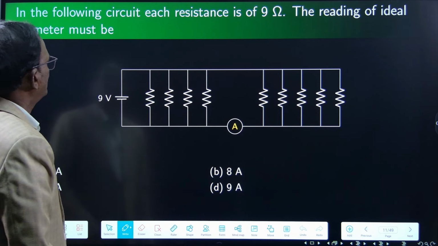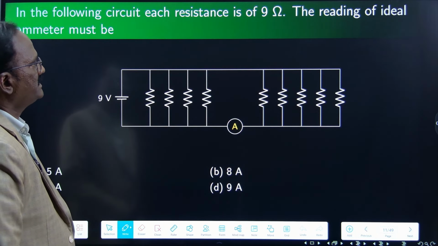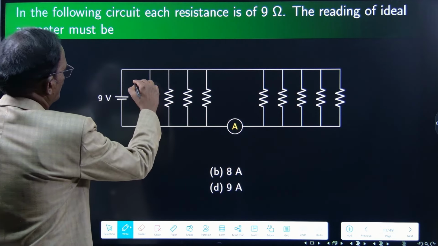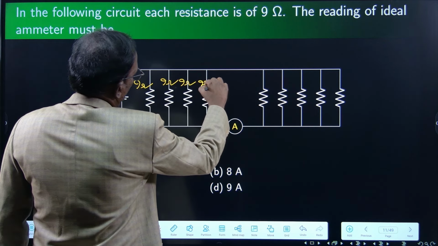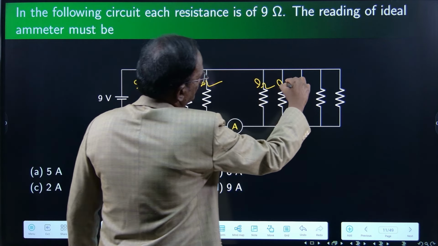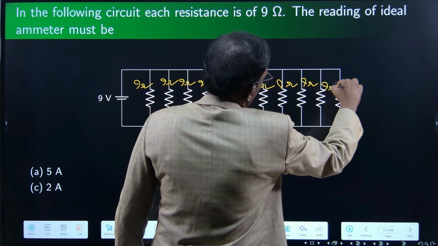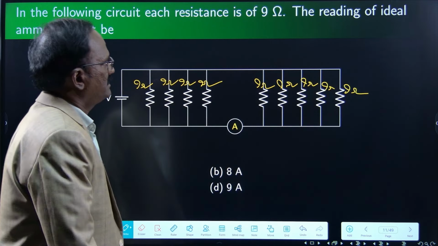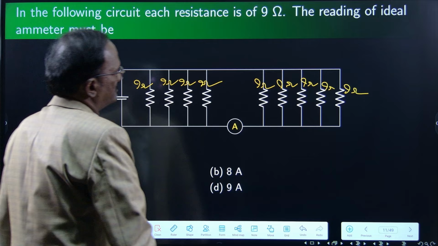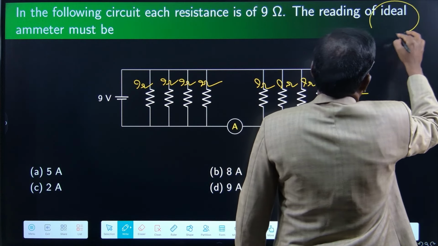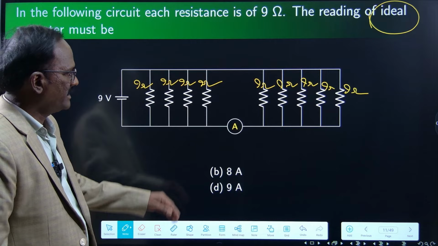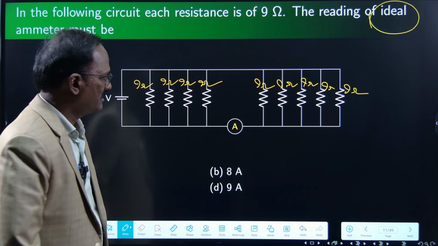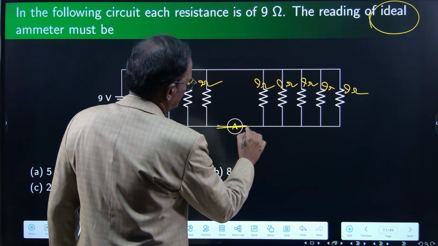Right. Next question. In the following circuit, each resistance is 9 ohms. Yes, all are 9 ohms. What is the reading of the ideal ammeter? Look at the word ideal ammeter. An ideal ammeter means it doesn't have any internal resistance, so it is a short circuit.